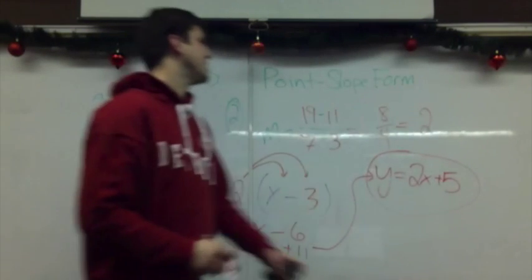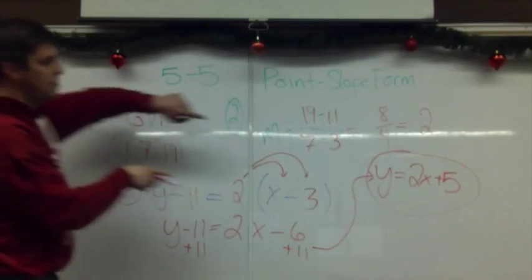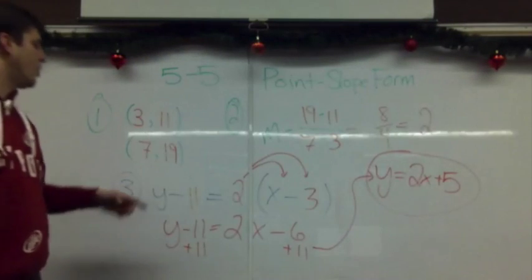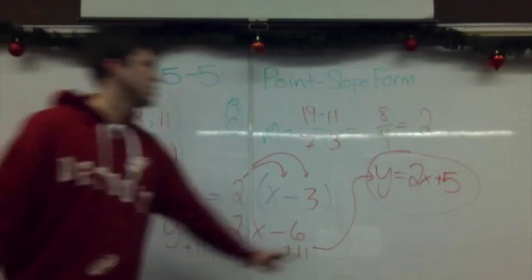There is your equation. You have successfully taken these 2 points and turned them into an equation by finding the slope and then using your point-slope form to find the equation.